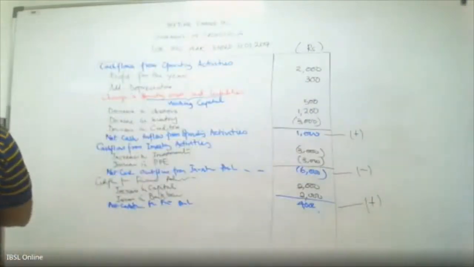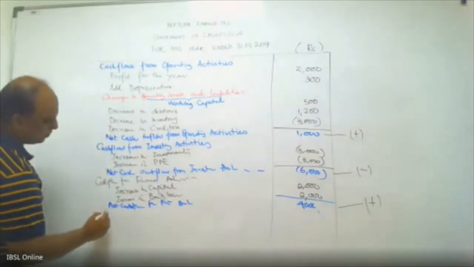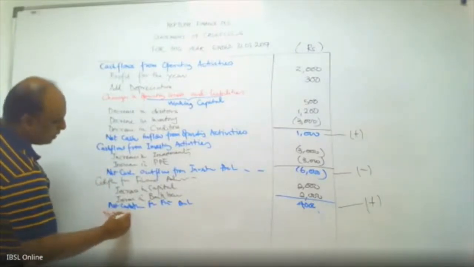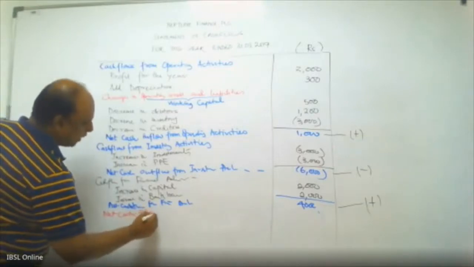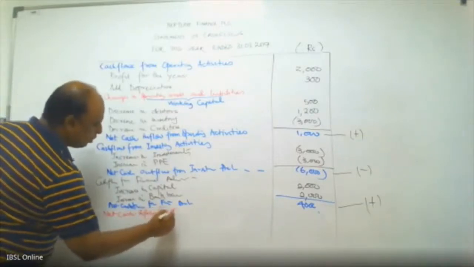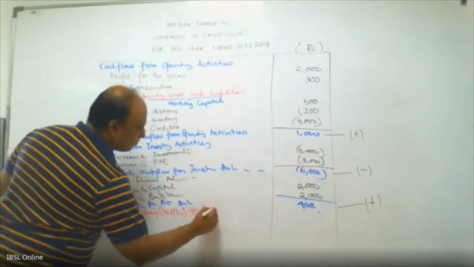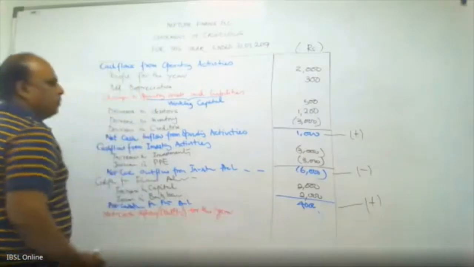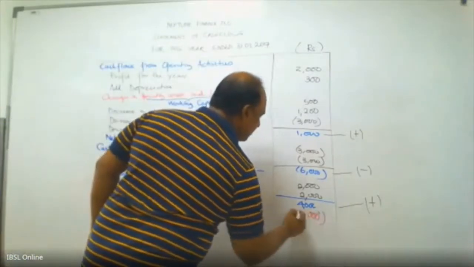So net cash, for safety you can put both inflow, outflow, for the year will be 1,000 negative.